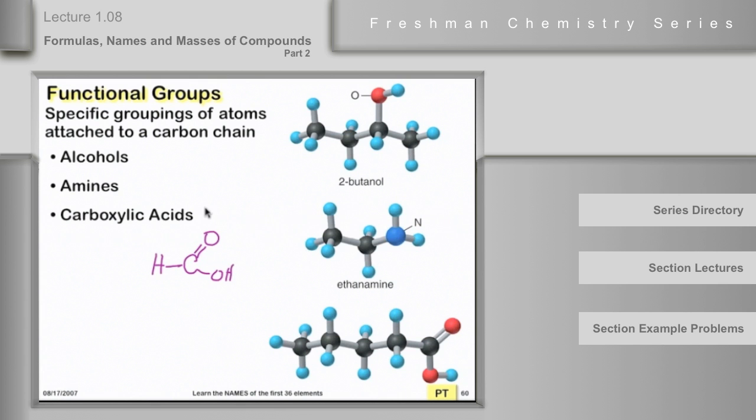The names of these things end in oic acid, O-I-C, acid. Now this is one with 1 carbon, so it's meth. Well, let me back up and make myself a little more room. Methanoic acid. Okay? We take the methane, we drop the E, and put oic acid on that.